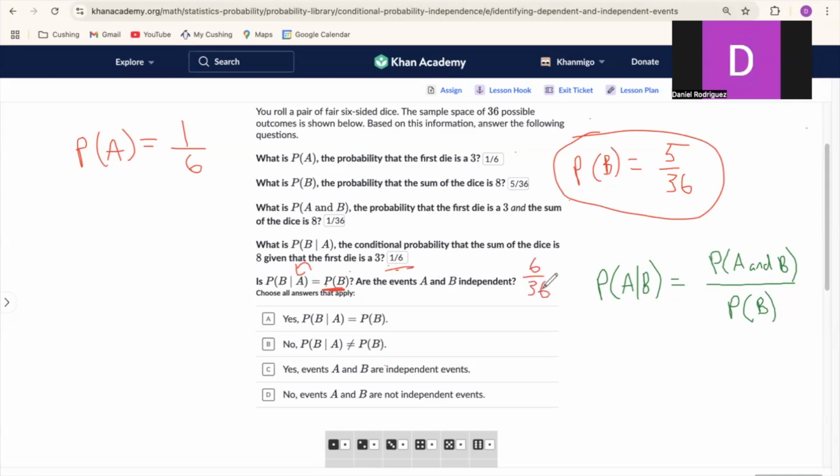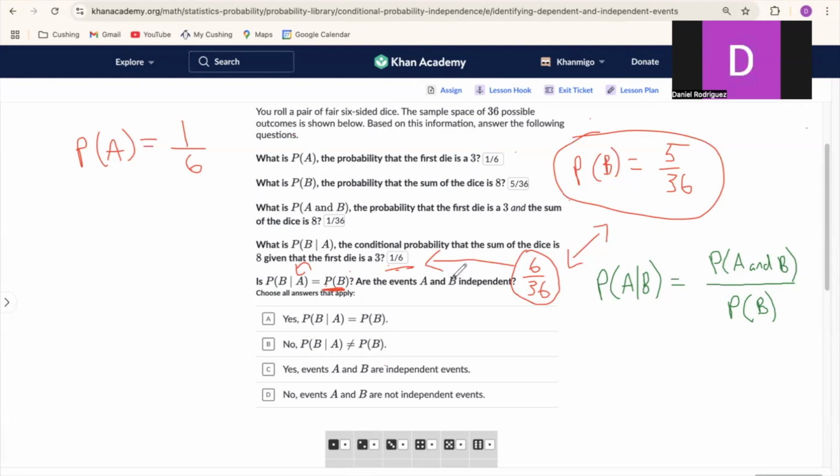So the probability went up a little bit. I have a 5 out of 36 chance of rolling an 8, but if I know that my first die is a 3, I have a 6 out of 36 chance. I multiplied the top and bottom by 6 so I could compare it directly to 5 over 36. Now I can see their difference.